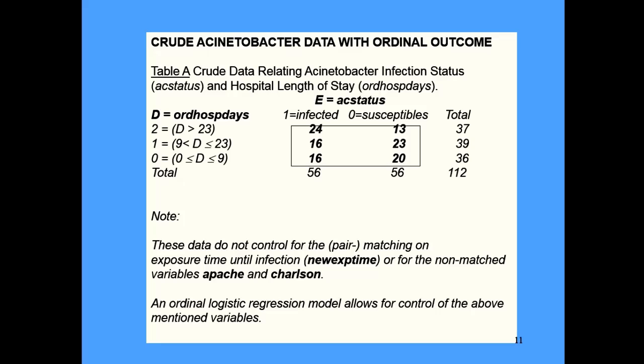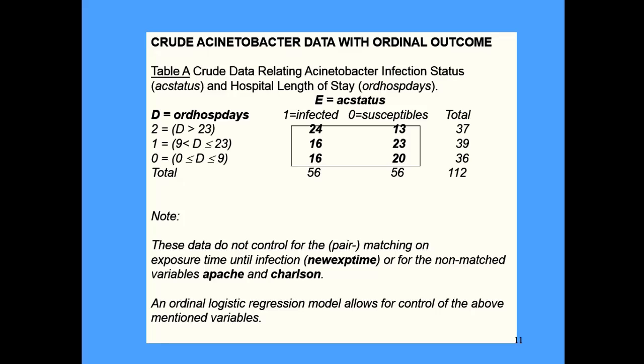That's the exposure, and the outcome was 3 categories of the length of stay that a person was in the hospital. If you remember, it was a retrospective cohort study that involved matching. But it wasn't a matched case control study. It was a cohort study that involved matching.